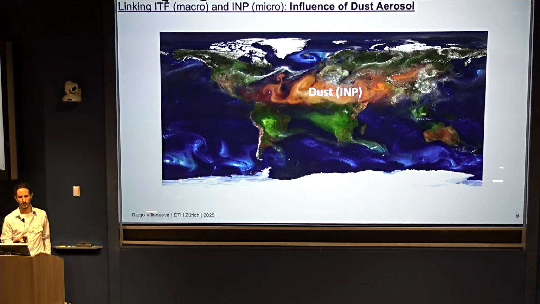These emissions of dust happen mostly over springtime compared to fall. So we can actually not only compare the different regions of this INP variability, we can also look at different seasons for this.